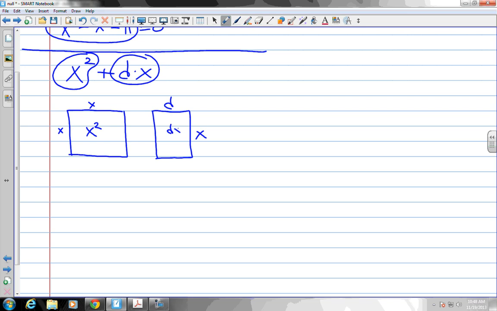So this is dx. Is that right? Well, now, if you remember the way we were playing this game before, I'm going to cut this rectangle in half. Okay?